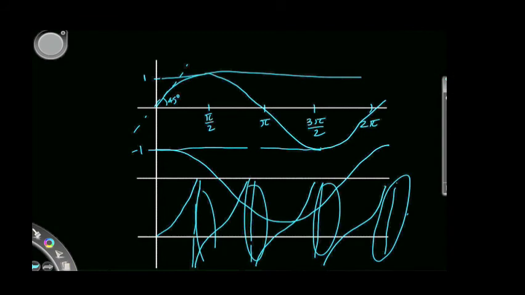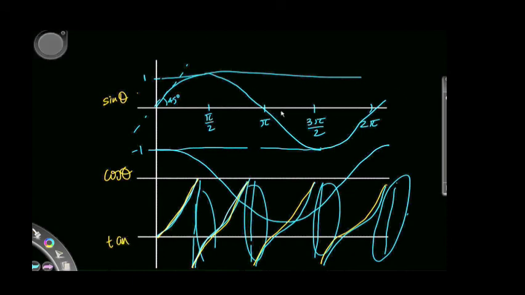The only thing that is part of the graph is this, which is the one we're looking for. So this is sine theta, this is cos theta, and this is tan theta.